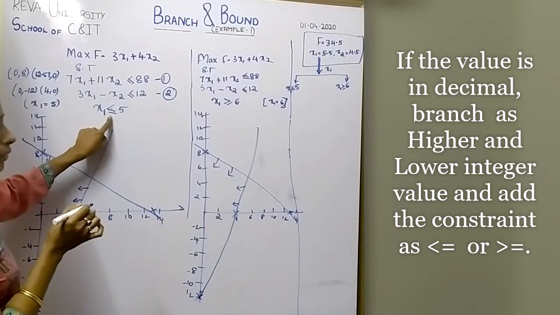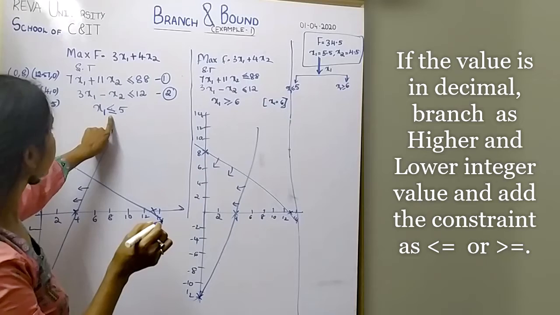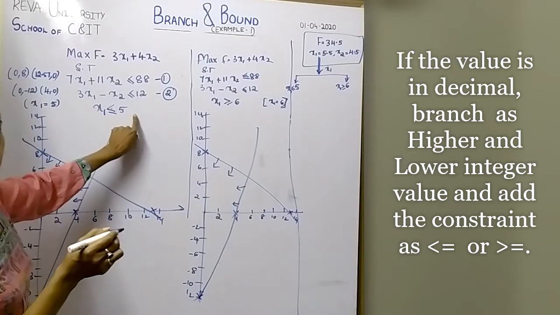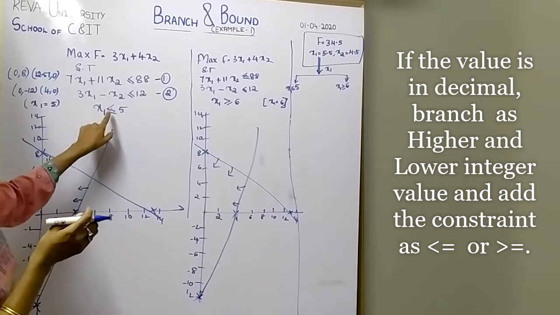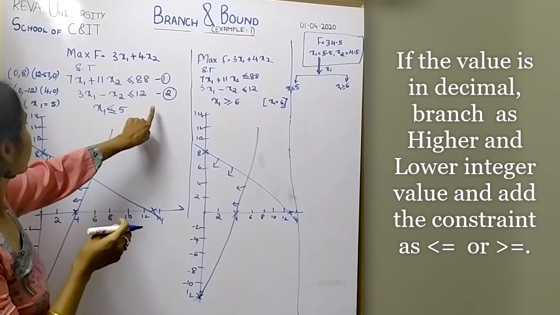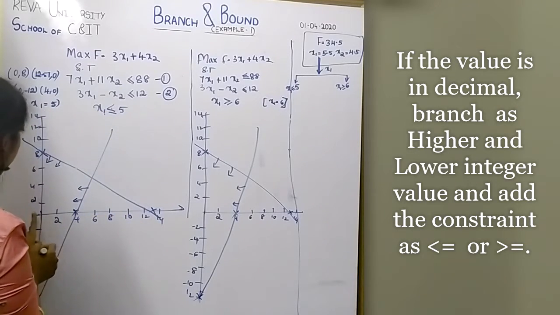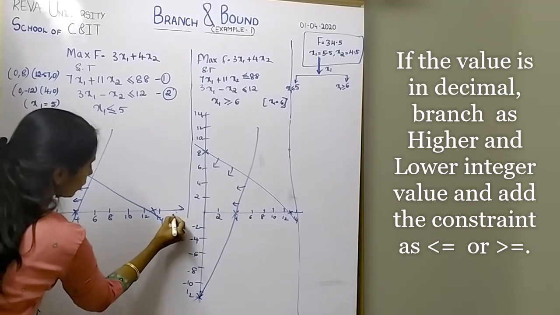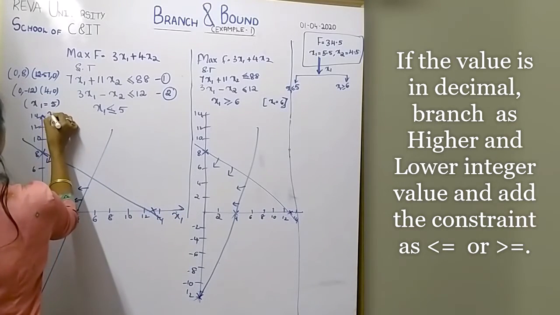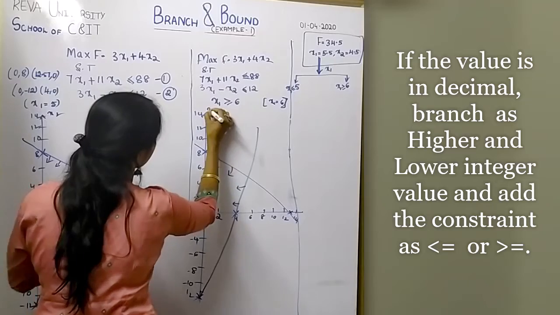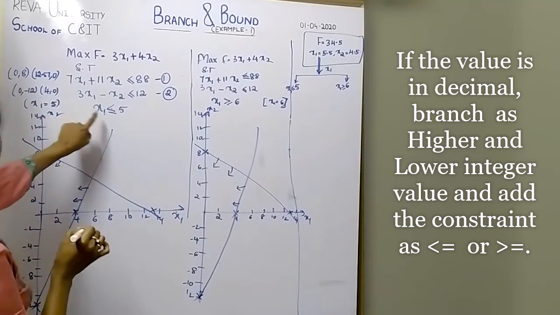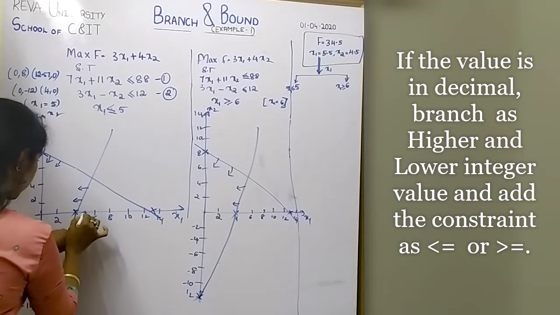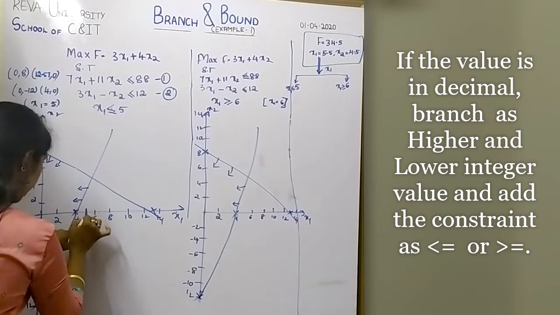Now along with this, we have to consider the constraint x1 is less than or equal to 5. So to solve, we will consider this as x1 is equal to 5. This is your x1, this is your x2. So x1 is equal to 5 will be somewhere here.